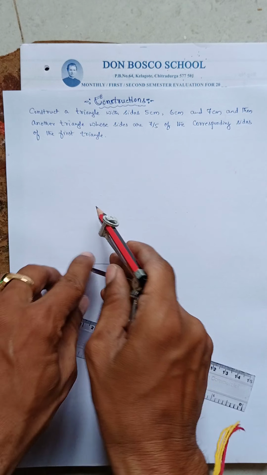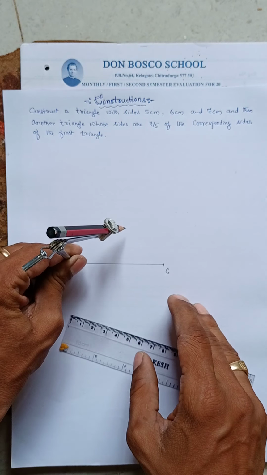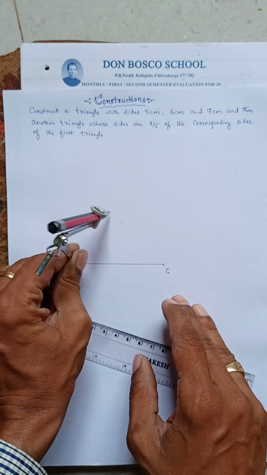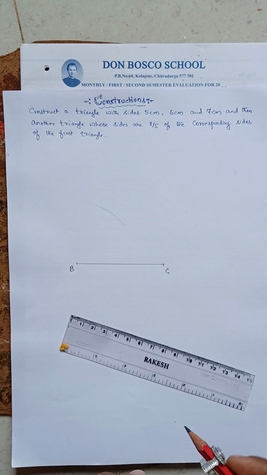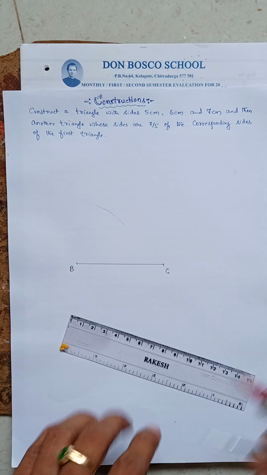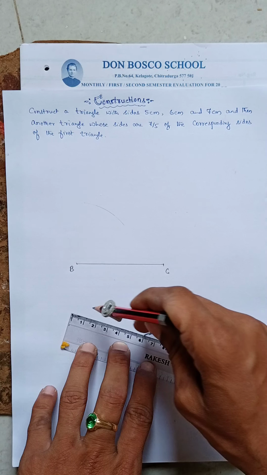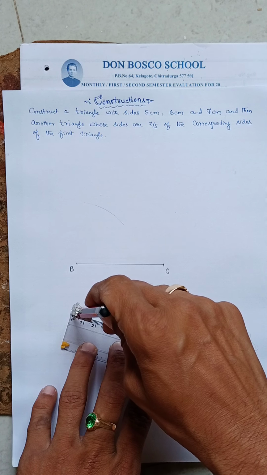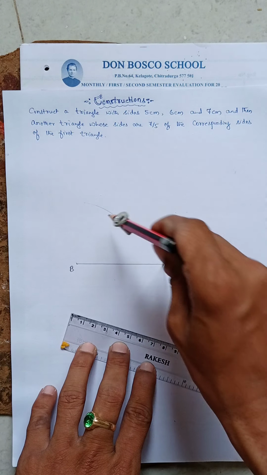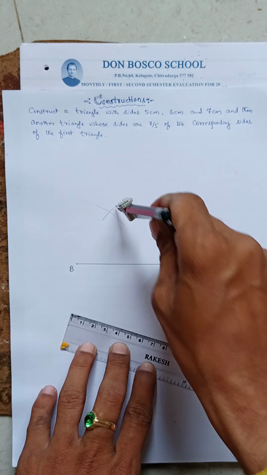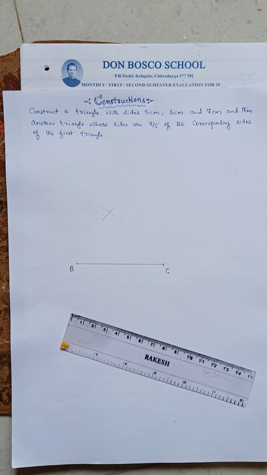Now with B as center, cut an arc towards A. Now take 6 centimeter again in the compass. With C as center, cut towards this A. You are getting one point here.